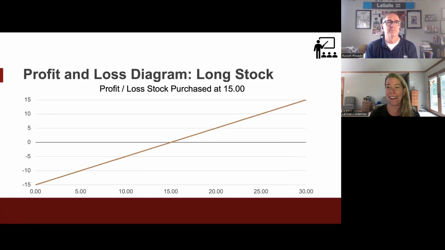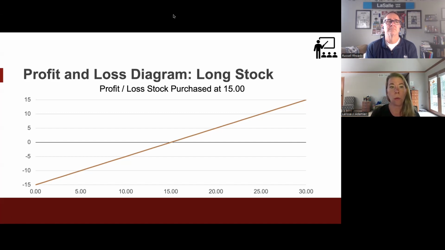This is important to me because we look at profit and loss diagrams of calls and options. But let's talk about an asset that we're more familiar with so that we can get comfortable looking at these types of charts. This is a long stock.